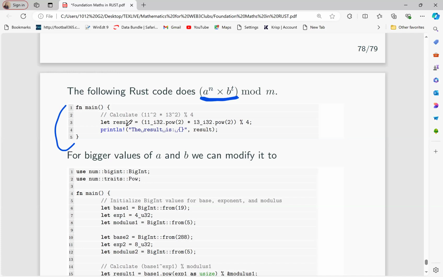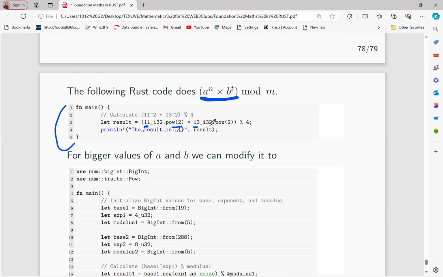Let the result, this is the number, this is our A, M. I've said let it be I32 power. So our N, in this case I'm using N to be 2. Then times our B is 13, and I'm saying let it be an I32.